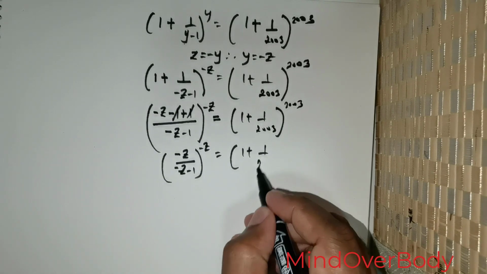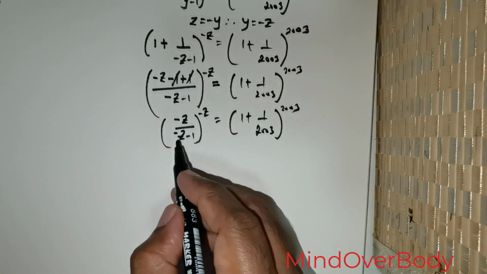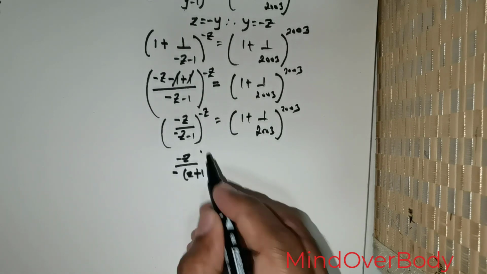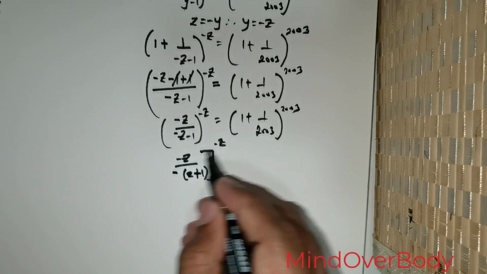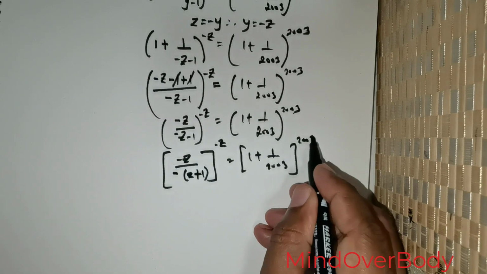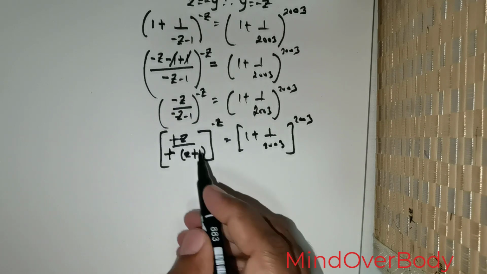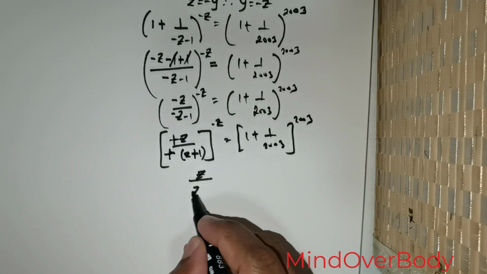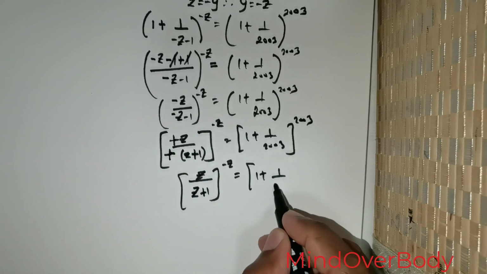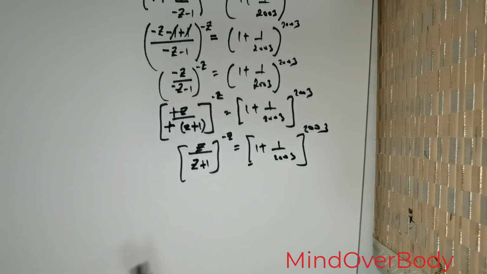Clearly I can take a negative sign out, so this is going to be z divided by (z + 1), raised to the power of negative z. Now the negative sign can be cancelled, giving me z over (z + 1) raised to the power of negative z, equal to (1 + 1/2003) raised to the power of 2003, right?